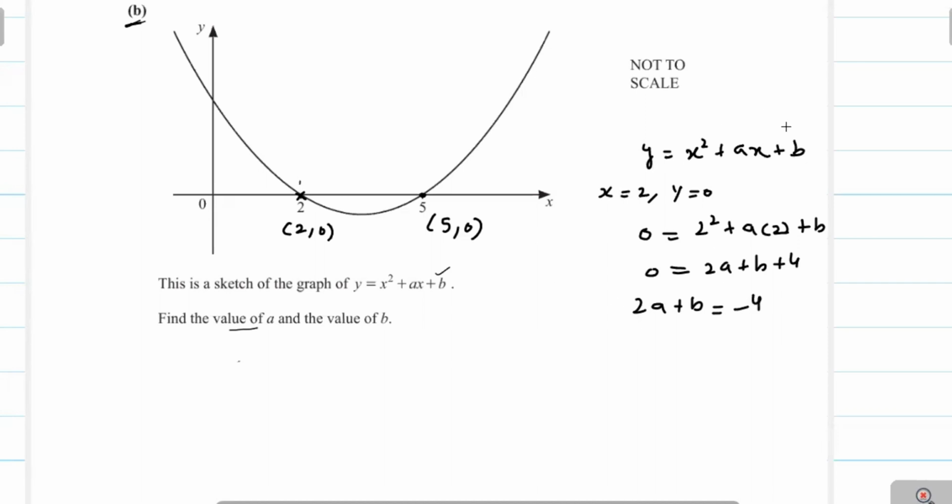Next point here is 5, 0. We substitute in this equation y equal to x square plus ax plus b the point 5, 0.